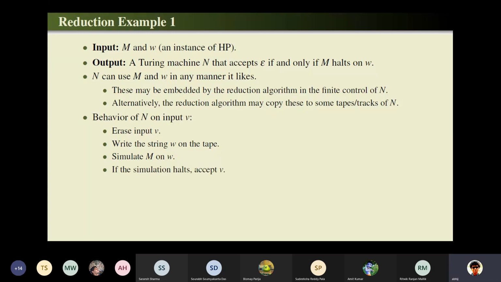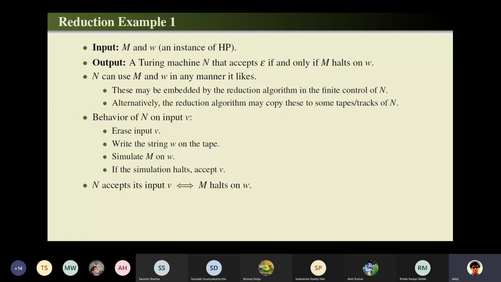If the simulation halts, you accept V. That's all. So what does this reduction algorithm guarantee?